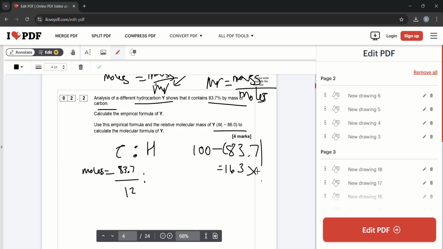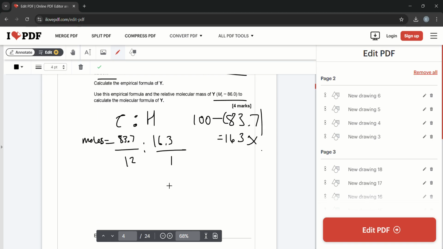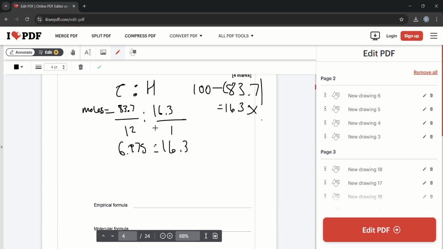Which gives me 16.3%. So therefore the mass is going to be 16.3 and the Mr of hydrogen is 1. So what do we get? 6.975 to 16.3 divided by 1 is 16.3. Now we need to divide by the smallest number, which is going to be 6.975, because 16.3 is clearly bigger than 6.975.